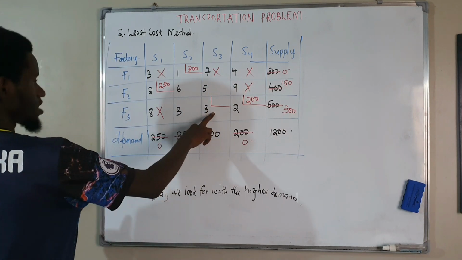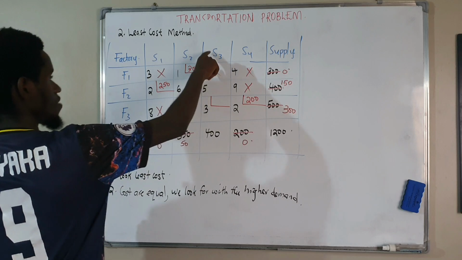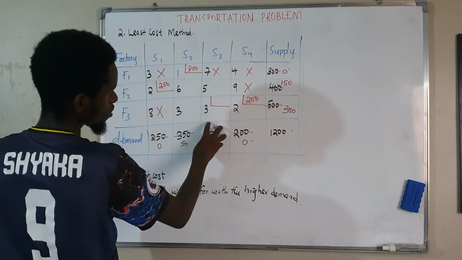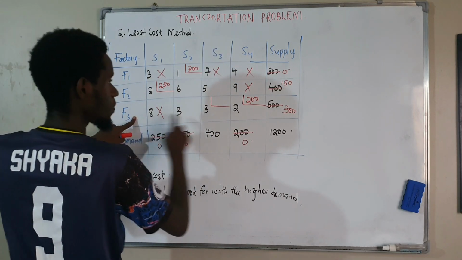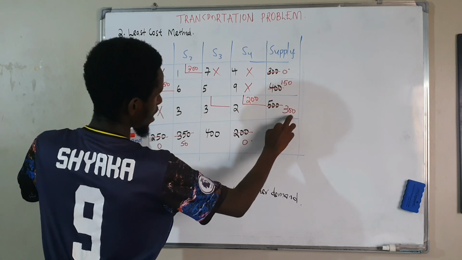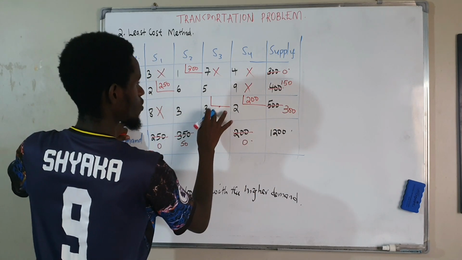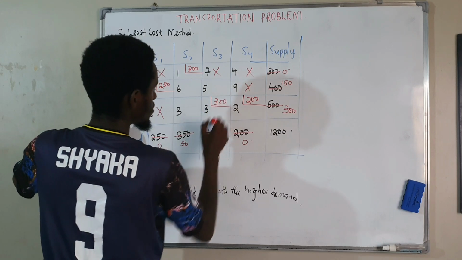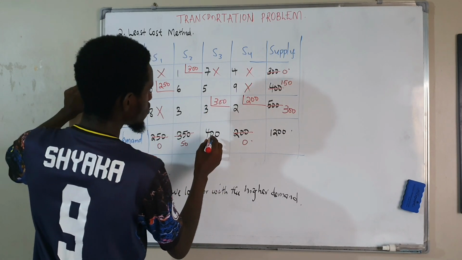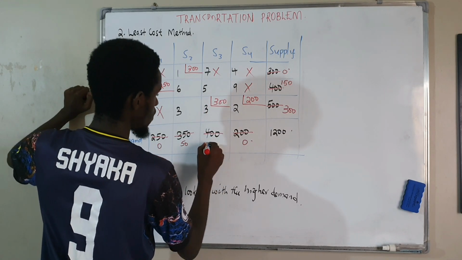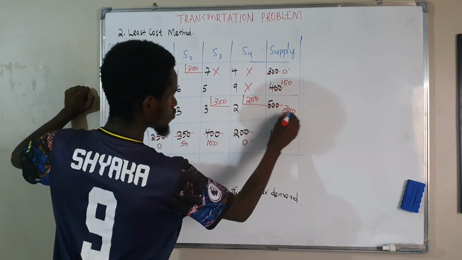But now store 3 demands 400, while factory 3 only has 300 to supply. Therefore, it will supply what it has, the 300, to store 3, and store 3 will be left demanding the 100.